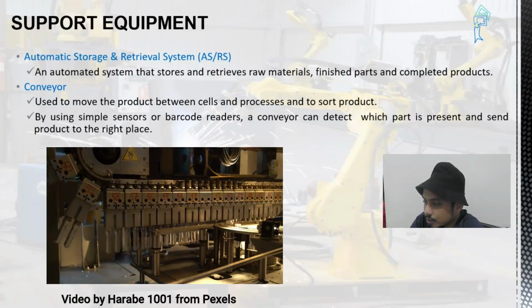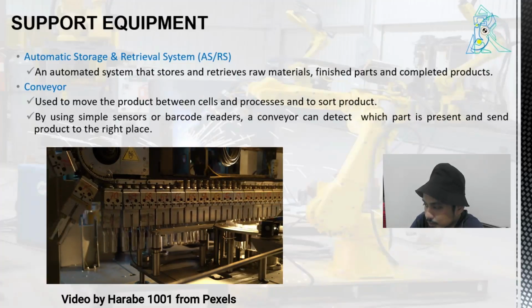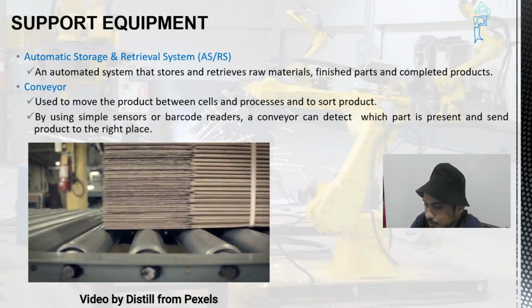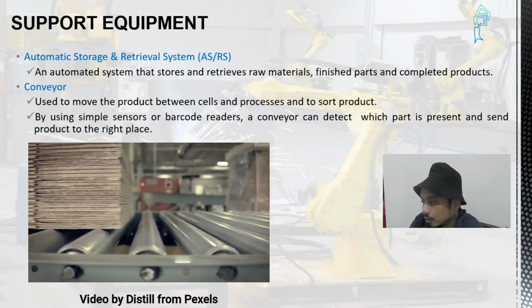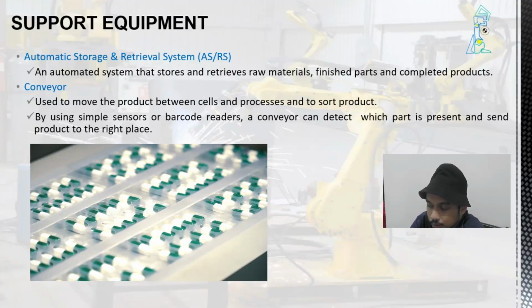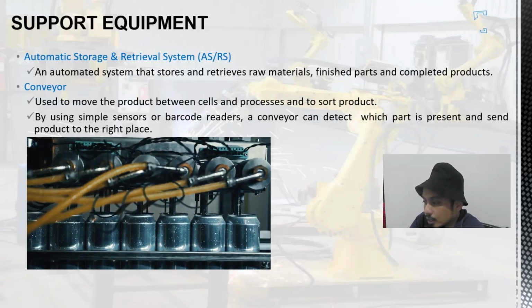Okay, and these systems are equipped with simple sensors, barcode readers, obstacle sensors, or maybe vision systems to increase the efficiency of product detection.